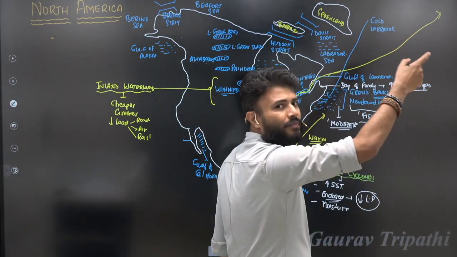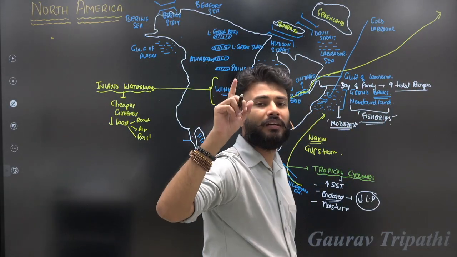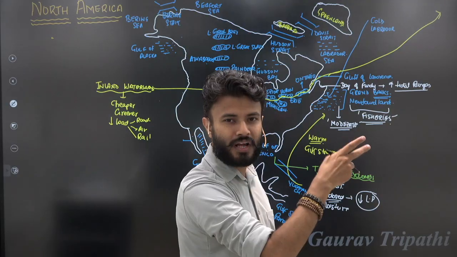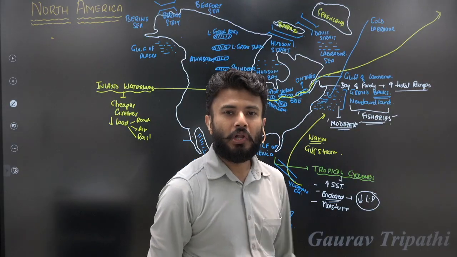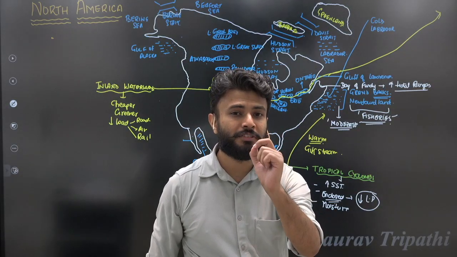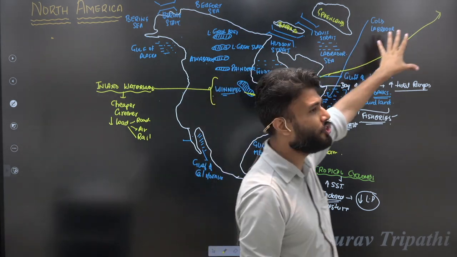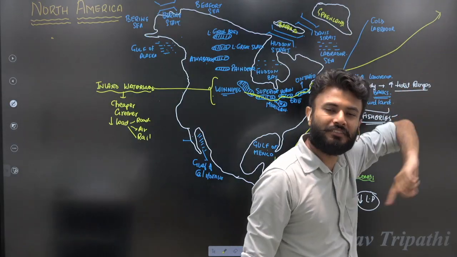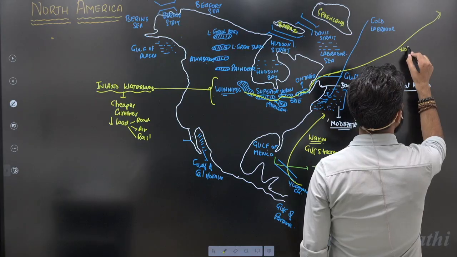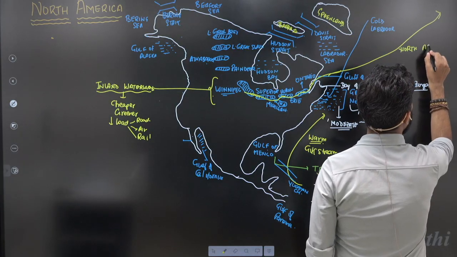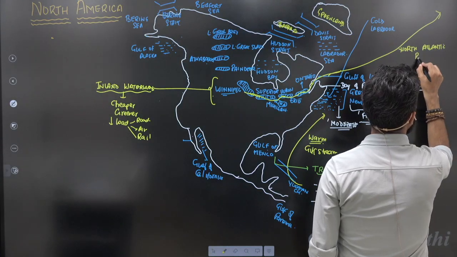In Europe, we are having important countries in this location like United Kingdoms, France, Germany, which means a lot of maritime trade takes place between North America, especially US, and the European countries. And that is why this North Atlantic trade route, it is named as North Atlantic trade route.